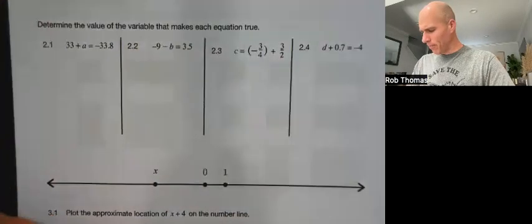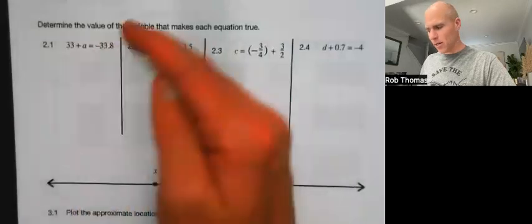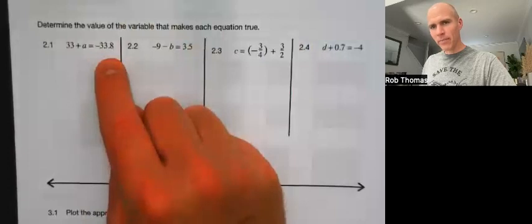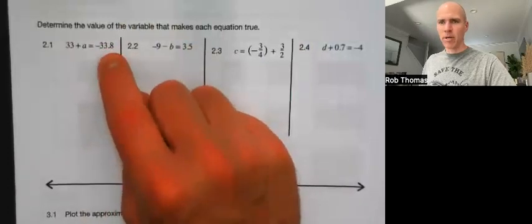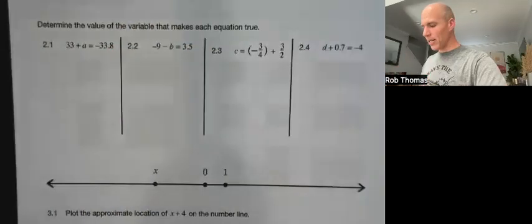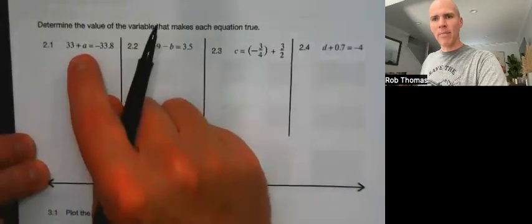Okay, so we have 33 being added to our A, and it's gonna get us negative 33.8. And so if we were to subtract 33 from this number, it would get us back to that A that we started from. Another way of thinking about it is we want to cancel out or do the opposite of whatever operation's happening to our variable.